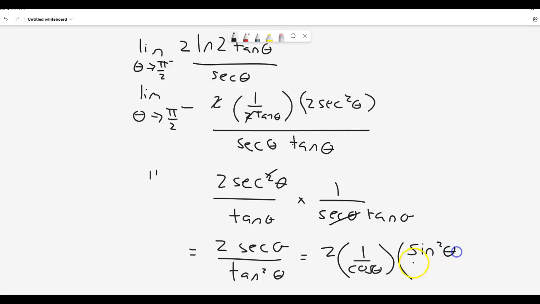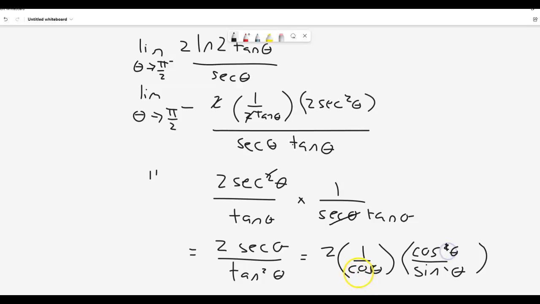Tangent squared of theta is sine squared of theta over cosine squared of theta, but we're multiplying by the reciprocal of that, which is cotangent squared of theta, and that's cosine squared of theta over sine squared of theta.